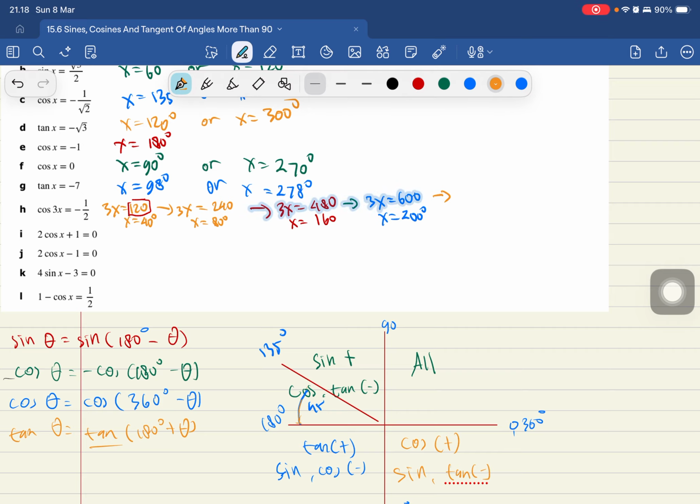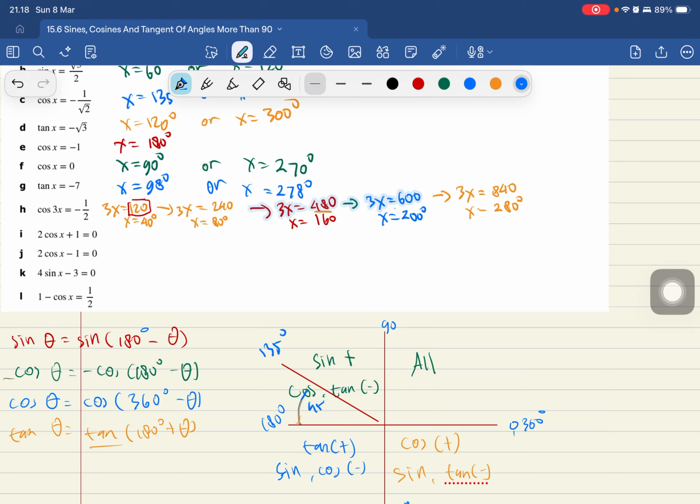Here 480, we can add 360, so 3x equal to 840. We divide both sides by 3, so x is going to be 280 degree. It's still less than 360.